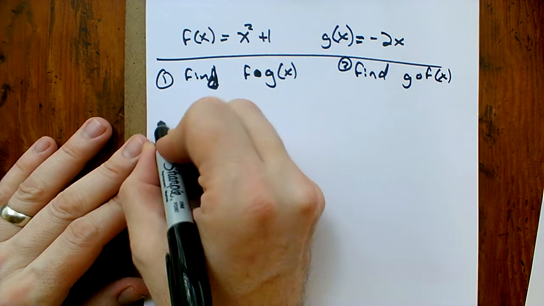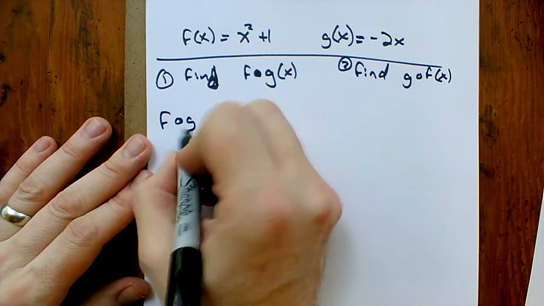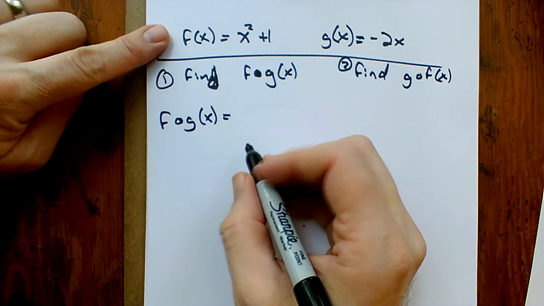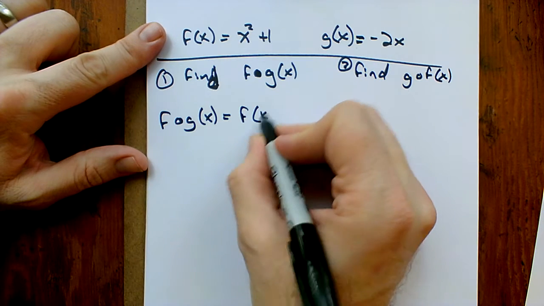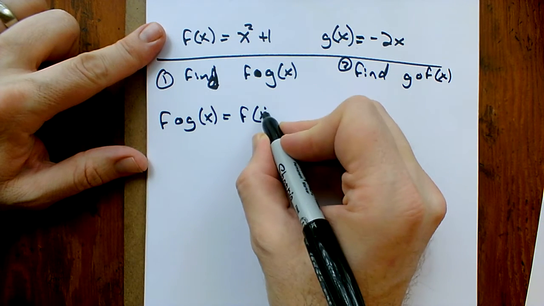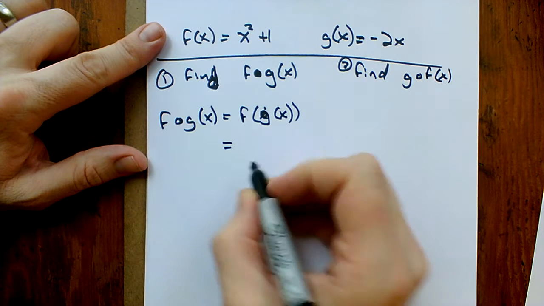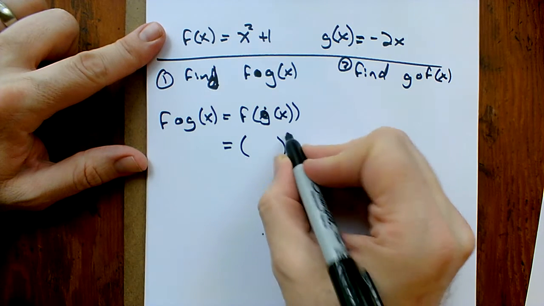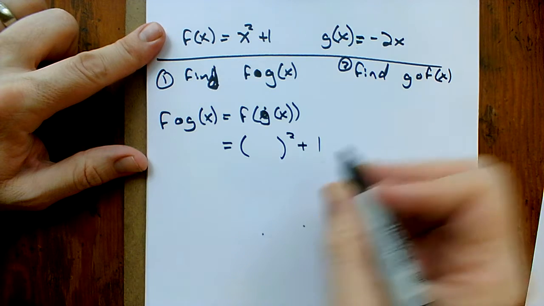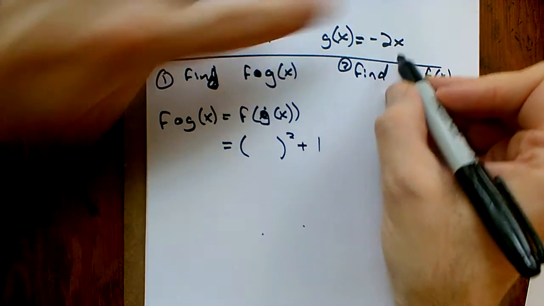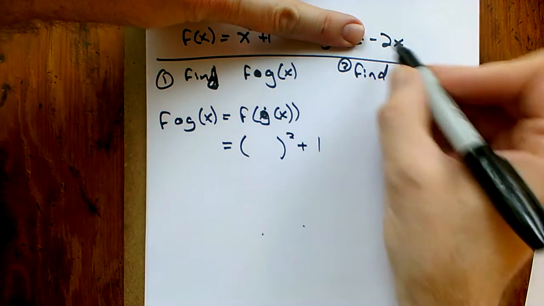So let's take a look at f of g of x. Think about this. We're taking our f of x, and instead of putting our x in, we're putting in a g of x. So our f of x function was this x squared plus 1. Well, instead of x, we're going to put in this expression for g of x.